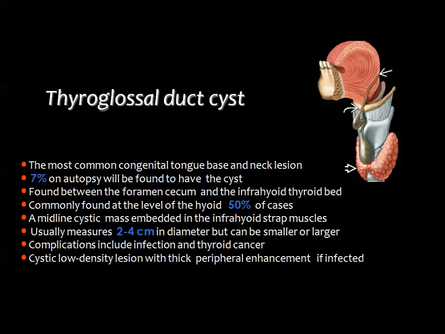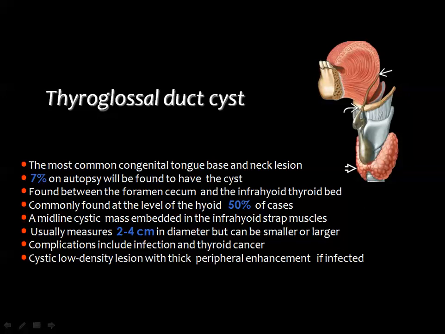Then you remember that the thyroglossal duct cyst is almost the only midline cystic lesion in the neck, which is related to the course of the thyroglossal duct, starting from the foramen cecum at the back of the tongue, downward along the anterior aspect of the hyoid bone and the thyroid cartilage until the final destination of the thyroid gland in the lower part of the neck.